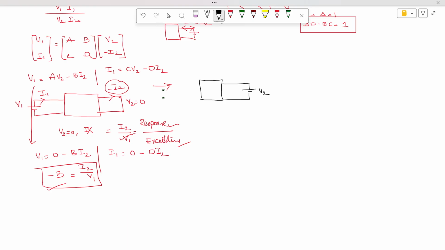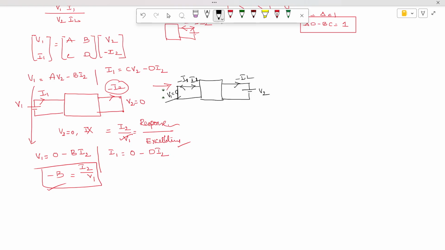The current already taken is minus I2, and the current will flow like this, which is plus I1, but we take it in reverse to verify the condition, so this is minus I1. For the current to flow, V1 automatically equals 0.